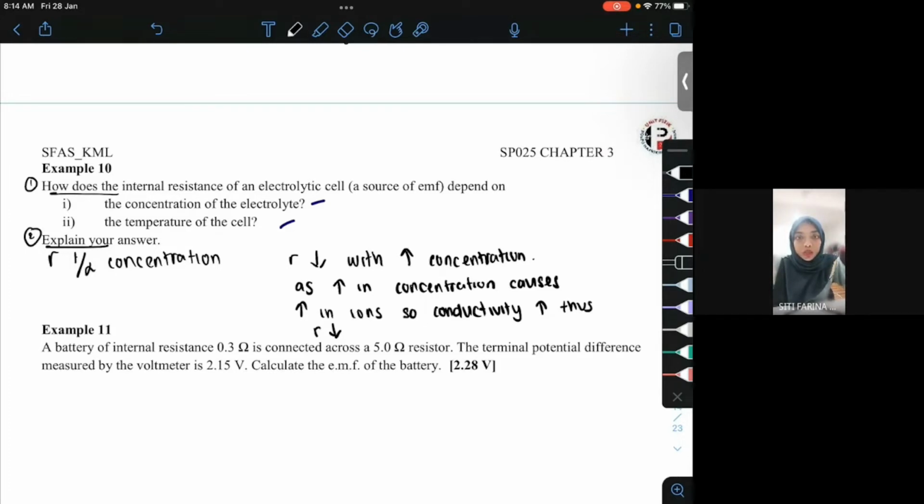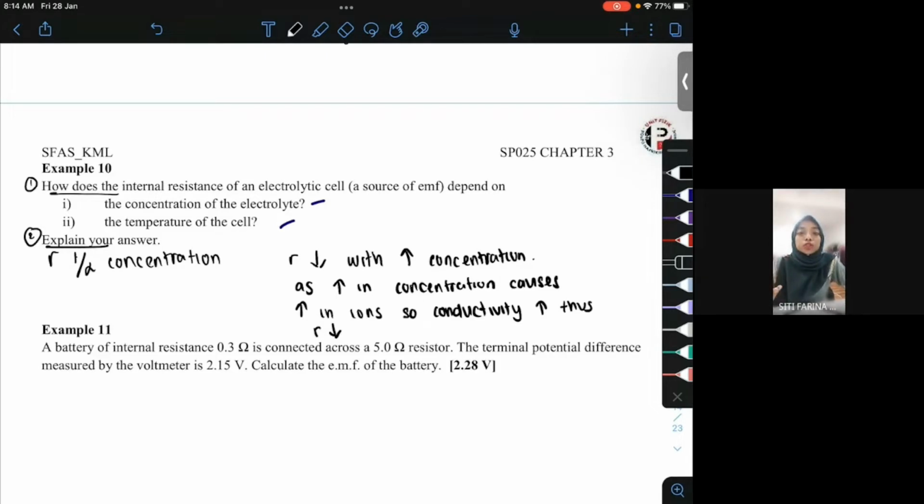Okay, when they can conduct more, maksudnya dia akan act as a good conductor lah dekat sini. Sebab conductivity dia akan increase. So resistance kamu, which act as an opposition dekat sini, dia punya kerja adalah to oppose. Benda tu tak dapatlah dia buat dengan successfully.